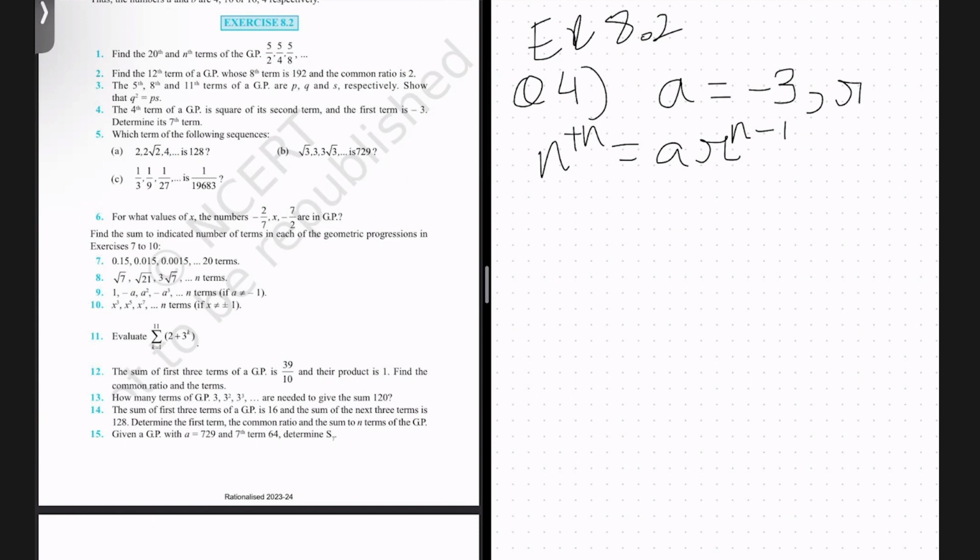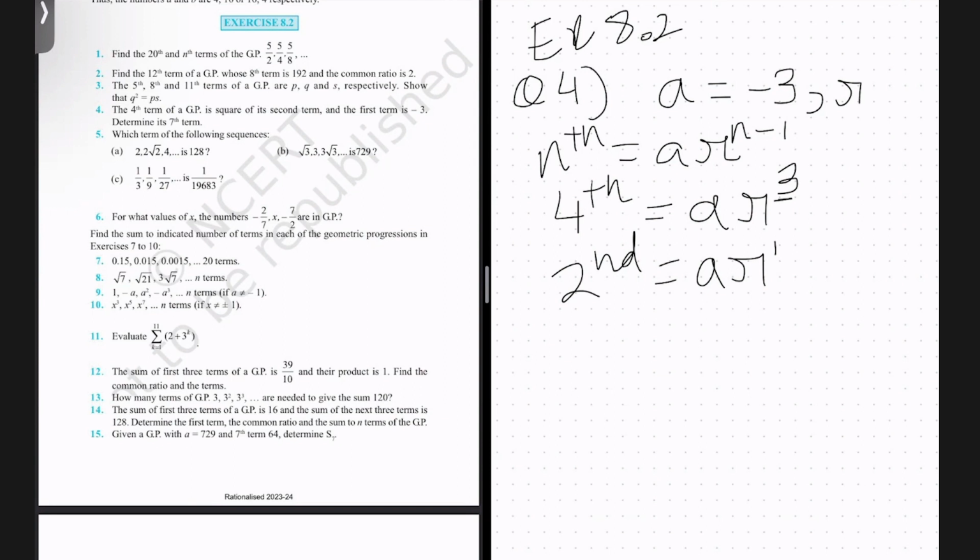So the fourth term is going to be A r raised to the power 3, correct? And the second term is going to be A r, correct? Because 4 minus 1 is equal to 3 right here, and 2 minus 1 is equal to 1. So r raised to the power 1, which is nothing but r itself, right?